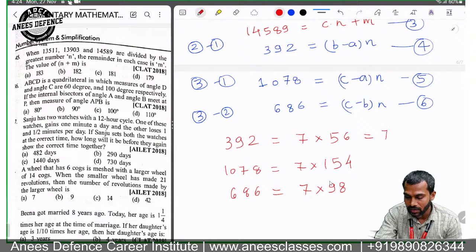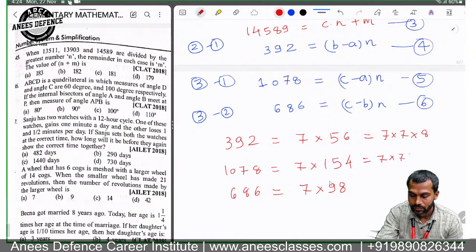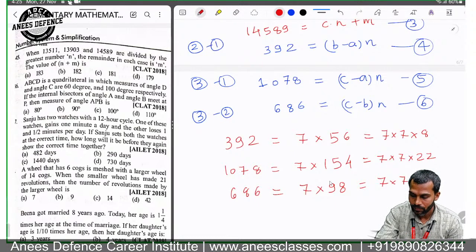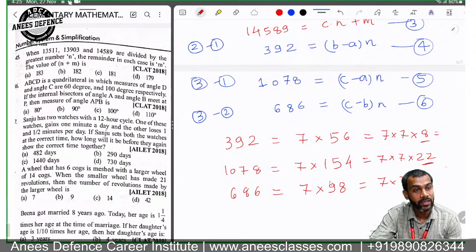Again, this can be further written as 7 into 7 into 14. Now, these three numbers, if you see, 2 is again HCF. So the final HCF would be 98.